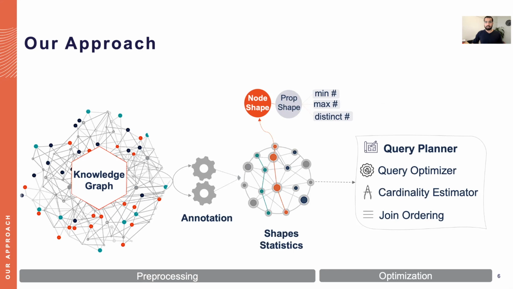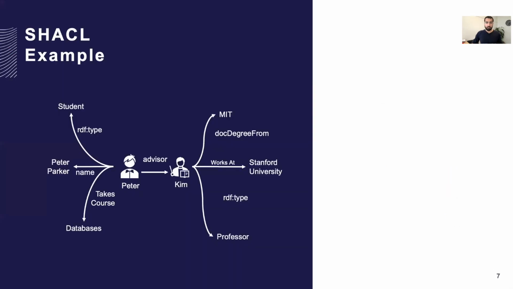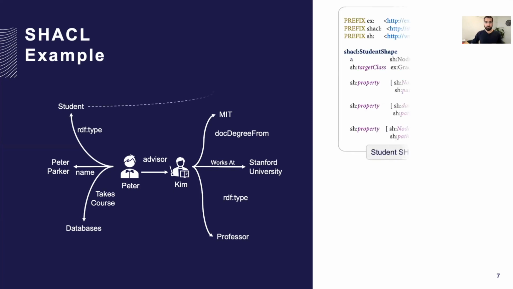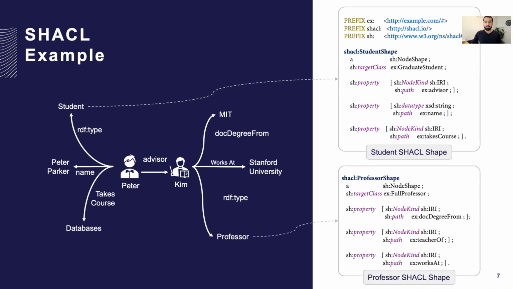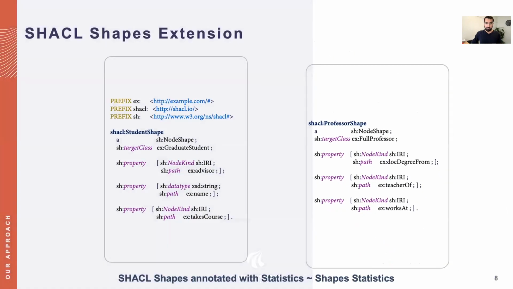Now, let's take an example SHACL graph. Given our example RDF graph for Peter and Kim, here we show the SHACL shapes for student and professor, where each shape represents various constraints and shape properties. We exploit this structural information and extend it with the statistics of the RDF graph.